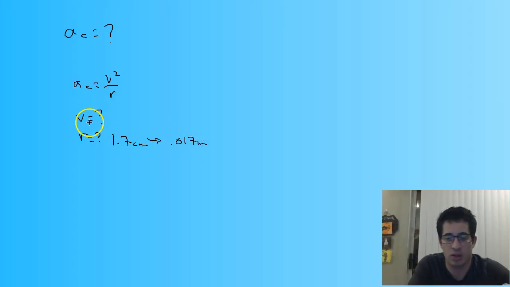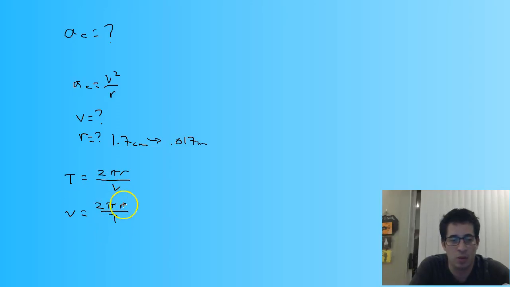Now we need to find v. Well, we don't know it, but we do know the relationship between period, radius, and velocity, which means that velocity is equal to 2 pi r over t. We know that r is 0.017, and t, the time it takes to complete one full rotation, for the second hand is 60 seconds.